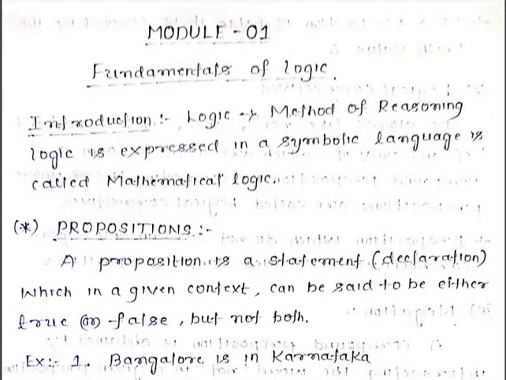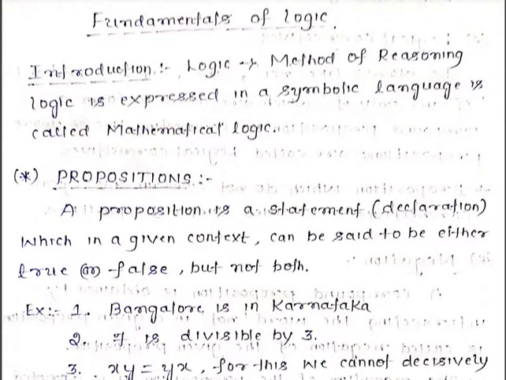The next statement is: 7 is divisible by 3. First, it is a statement, therefore it is a proposition. Secondly, we should check whether 7 is divisible by 3. No, it is not divisible by 3. So it is not a true proposition, meaning it is a false proposition.